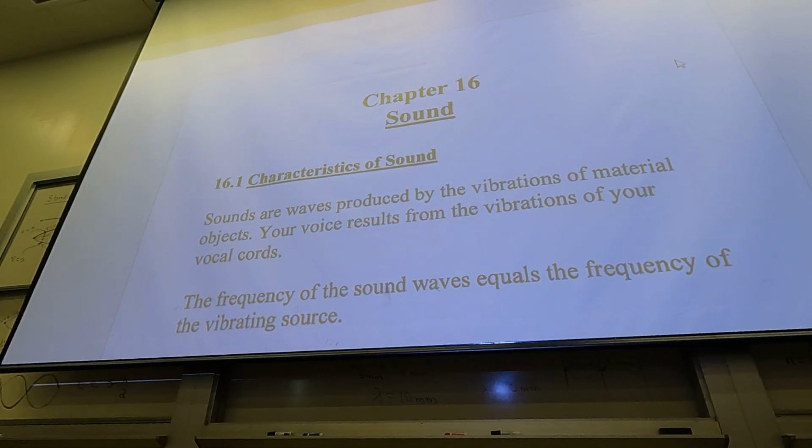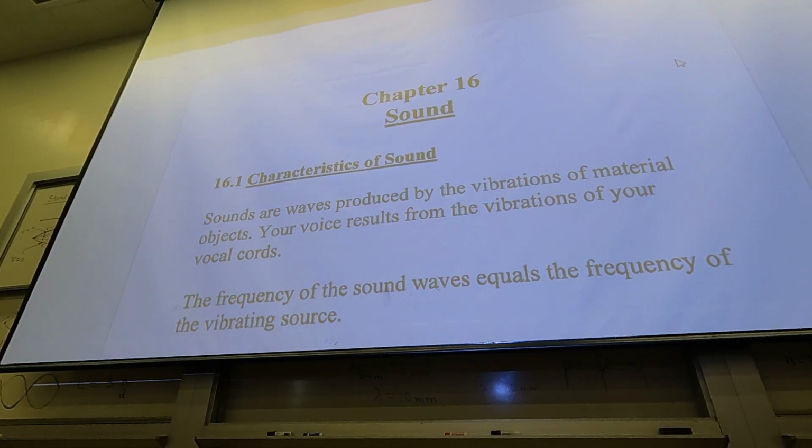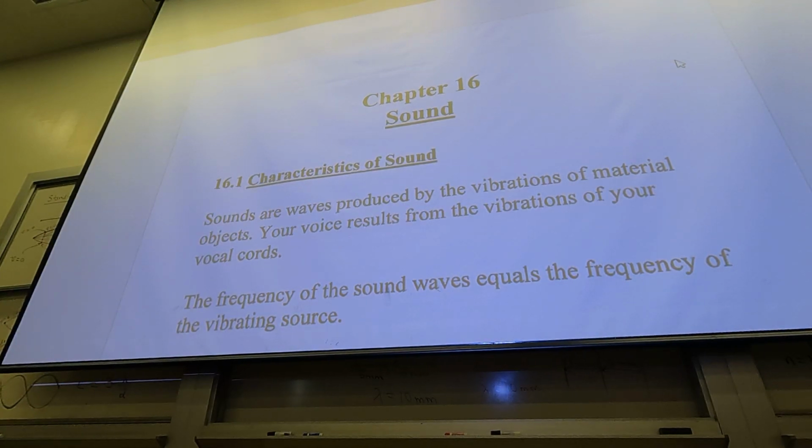Between the sun and the earth, you could say that there's vacuum, but we can see the sun. So when we see the sun, that's light that's reaching our eyes that came from the sun. And those light waves were able to travel through vacuum and reach our eyes, right? And so light can travel in vacuum, sound cannot.